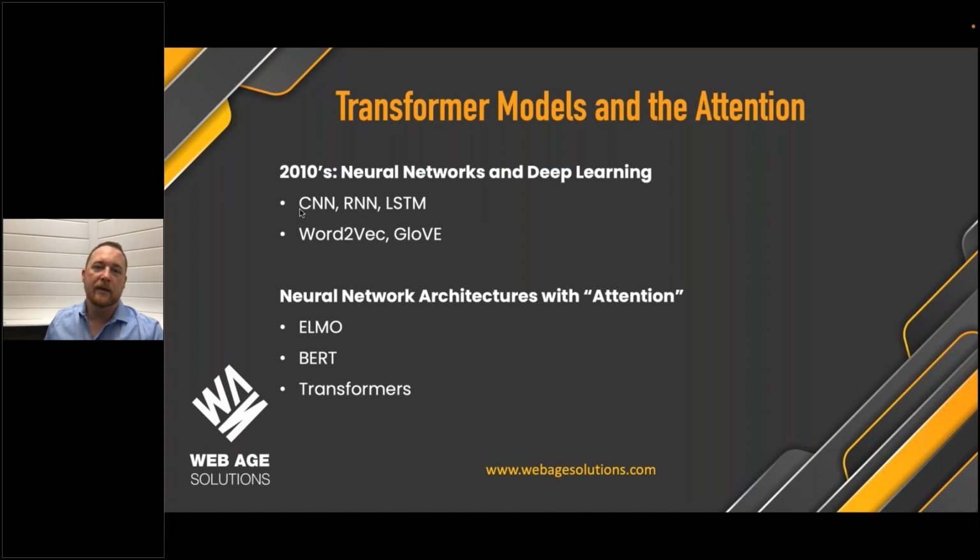So the first thing that really led to the breakthroughs in modern LLMs is attention. Our original neural network topologies like CNNs and RNNs had limitations. They are still used along with LSTMs as a building block to create our attention mechanisms.